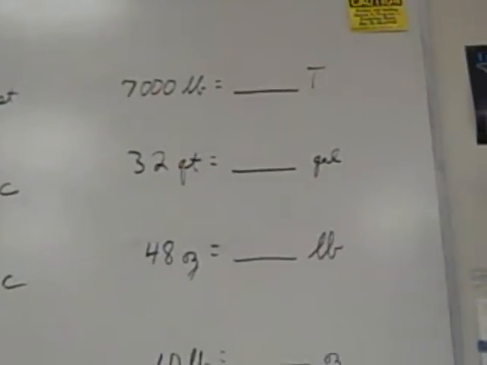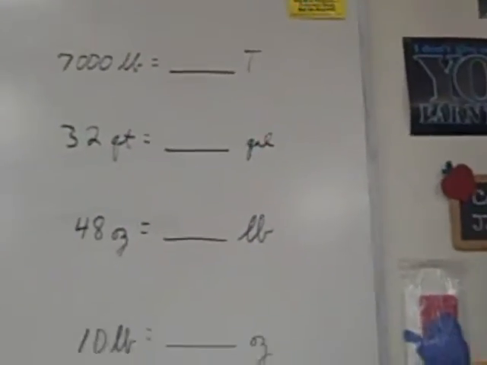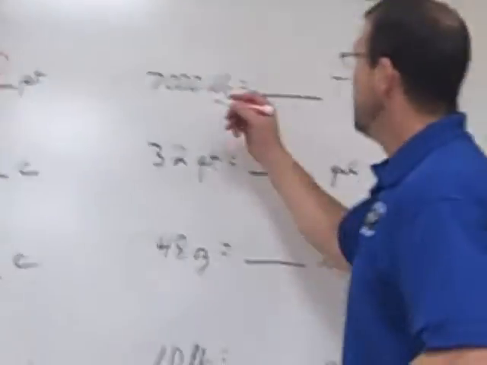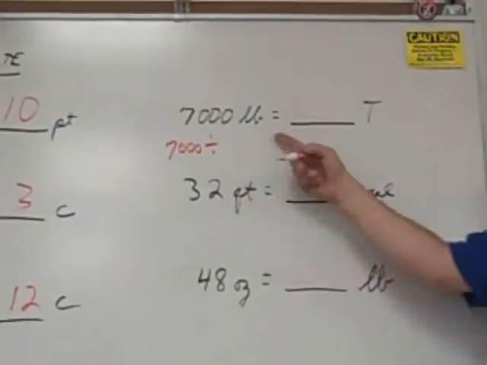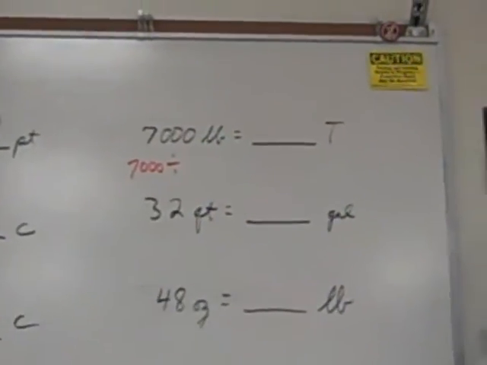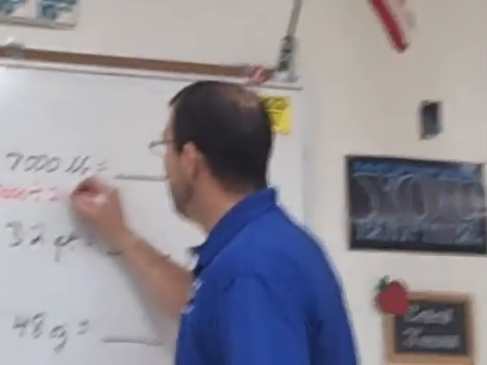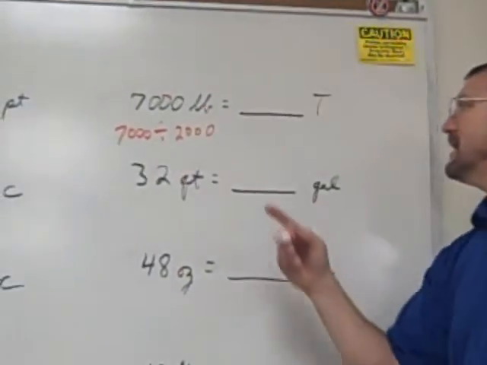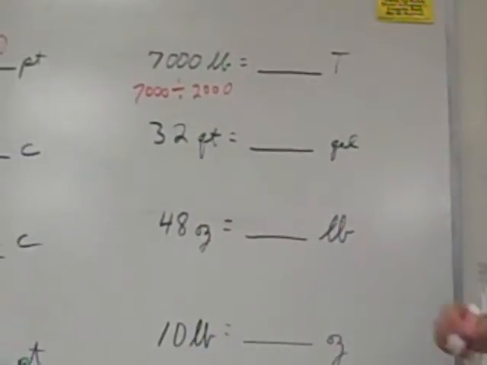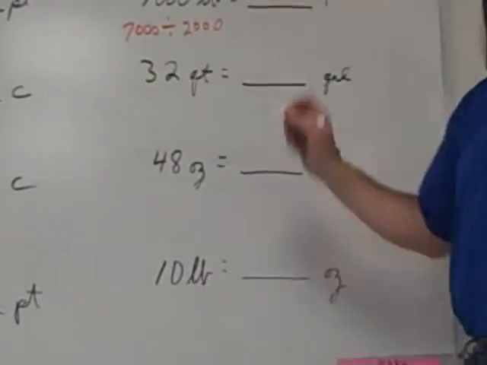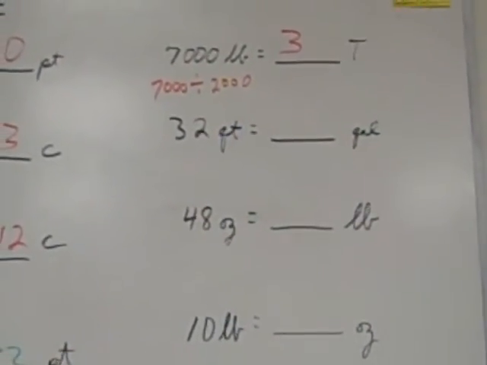7,000 pounds turn into tons. Pounds to tons. Divided. So, division, 7,000 divided by, where's pounds and tons? 2,000. How many 2,000s will make 7,000? 3. Now, that makes how much? 6,000.